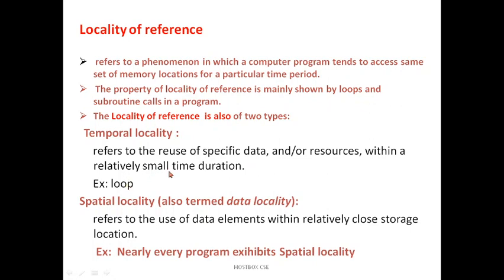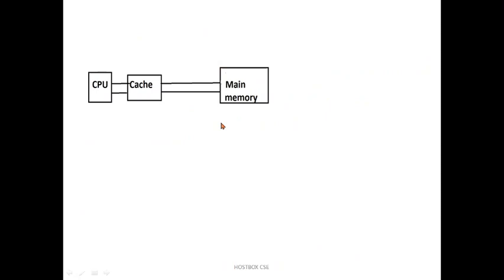An example is looping. Regarding cache memory, the data or contents of the main memory that are used again by the CPU are stored in the cache memory so that the CPU can easily access the data in a short time. That is the main point.